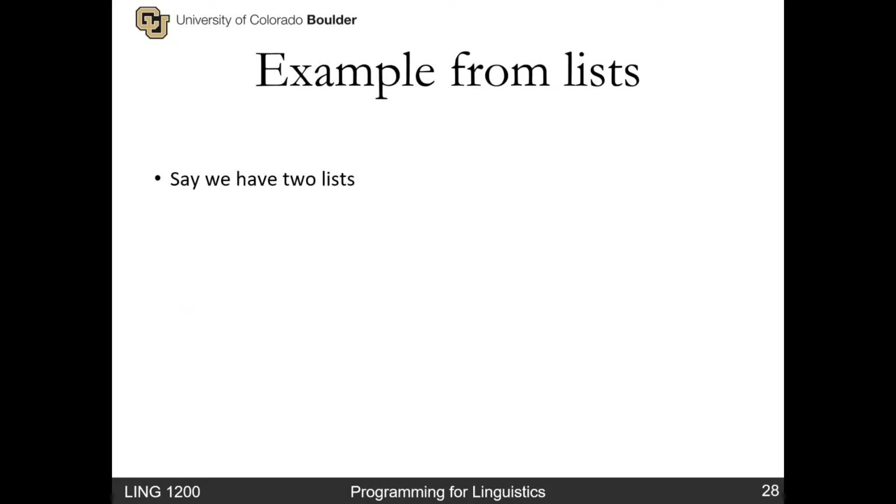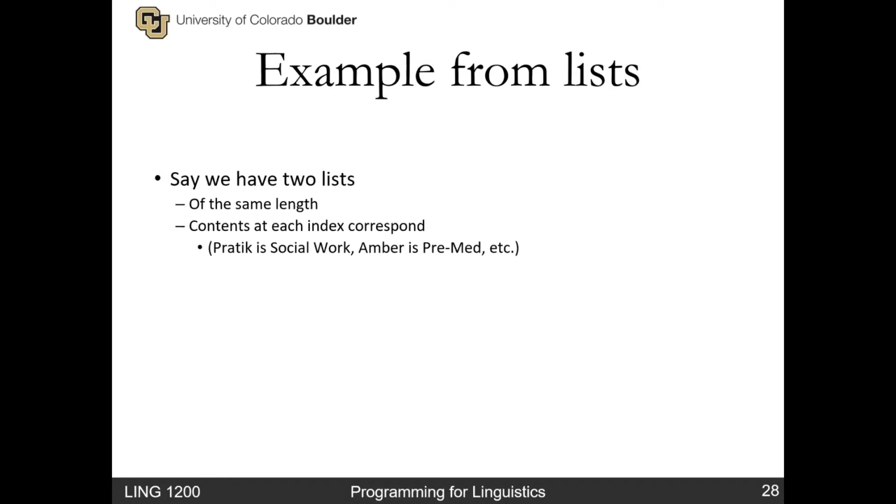Let's look at another example, another operation we can do working with lists. Let's say we have two lists, and let's say the lists have the same length, and the contents at each index in both of those lists correspond to each other in some way. So let's say Patrick is the name that we have, and his major is social work. Amber is pre-med.